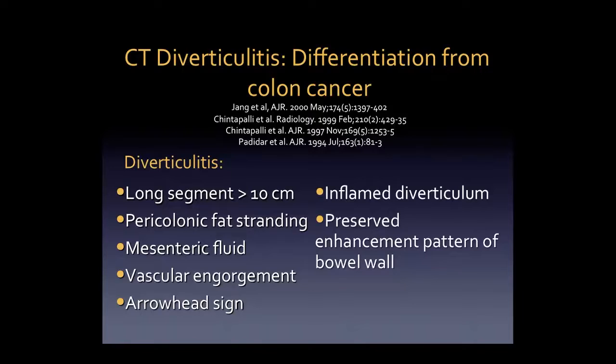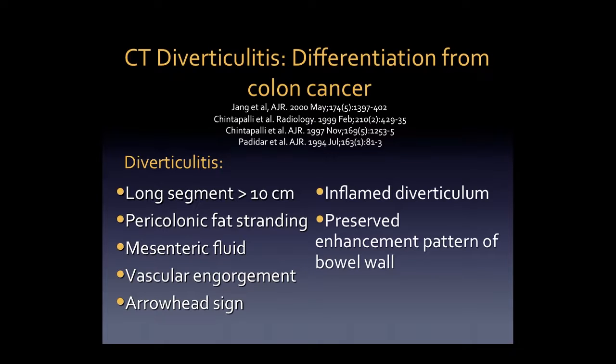There's actually a whole body of literature on this. If you look at the different features we can see at CT, some are much more suggestive of diverticulitis and some are much more suggestive of colon cancer. So this is our list of features that suggest diverticulitis.